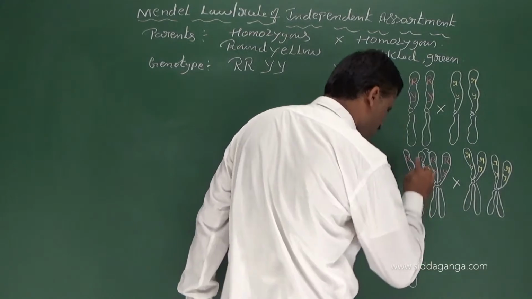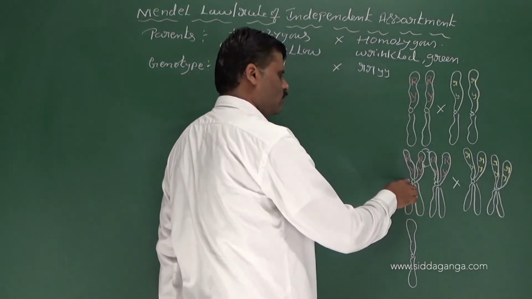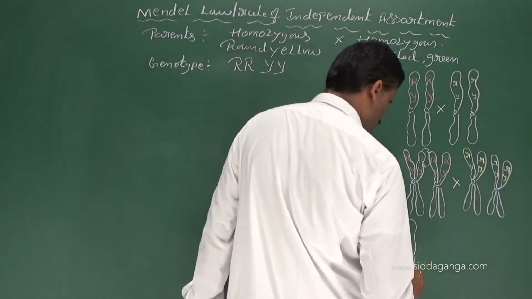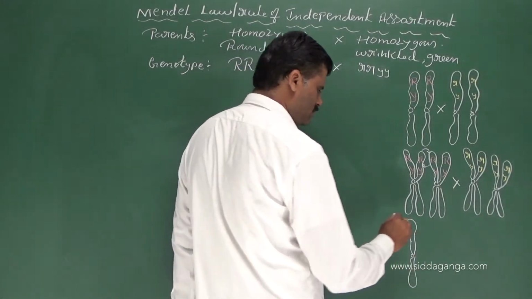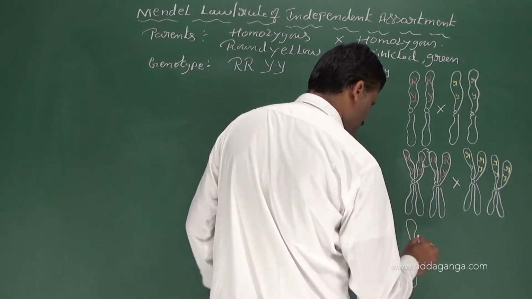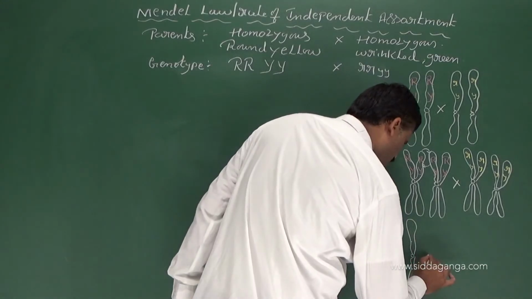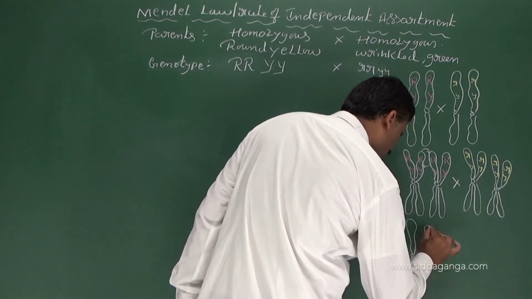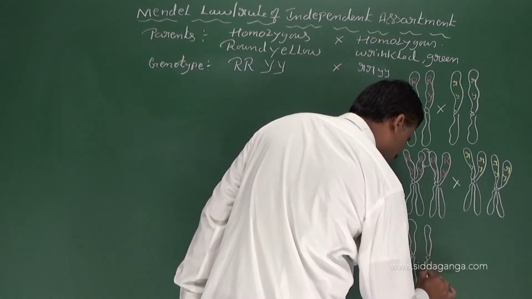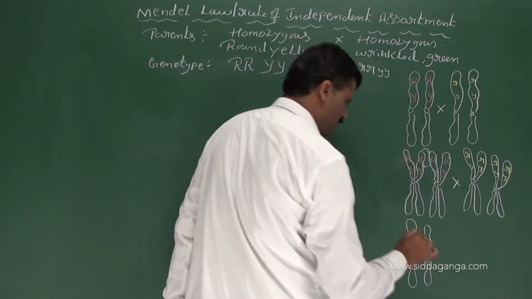All four gametes, parental chromosomes will split to form the individual daughter chromosomes, and those daughter chromosomes are similar, means they contain the same type of genes inherited from the parents.